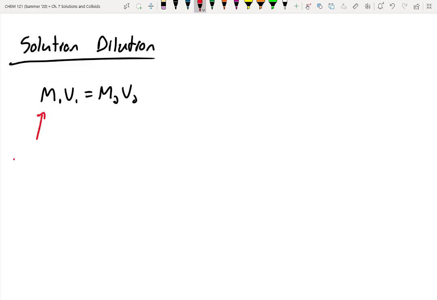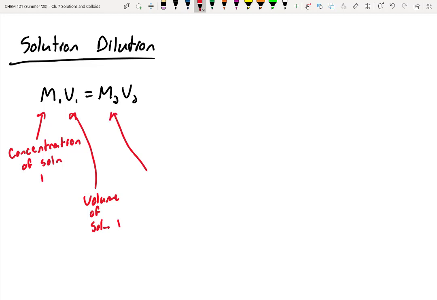So this is the molarity. Or actually, let's just make this concentration of solution 1. This would be the volume of solution 1. And this would be the molarity, which is usually what's used here.